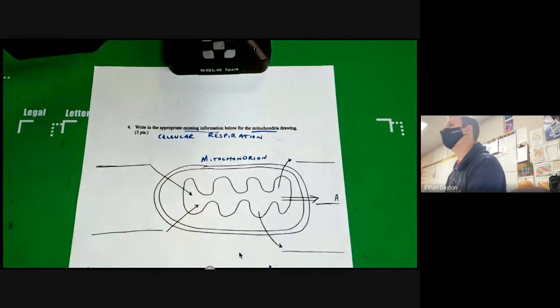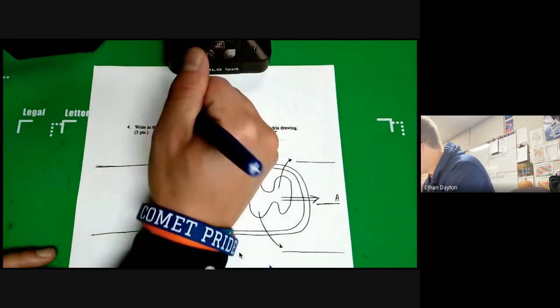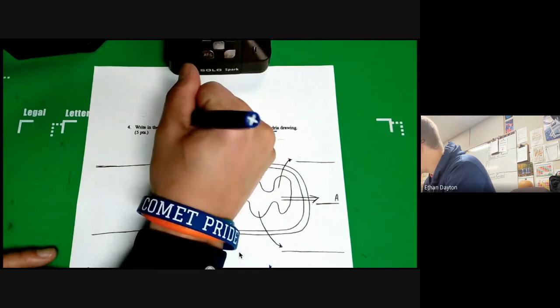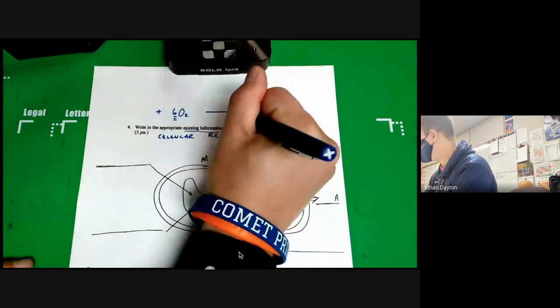So what is one thing that goes into mitochondria in cellular respiration? Think about what needs to happen in cellular respiration. One thing, Corbin. Oxygen. So, if you want to get specific and say 6 molecules of oxygen, you can do so. So these are the things that go in.